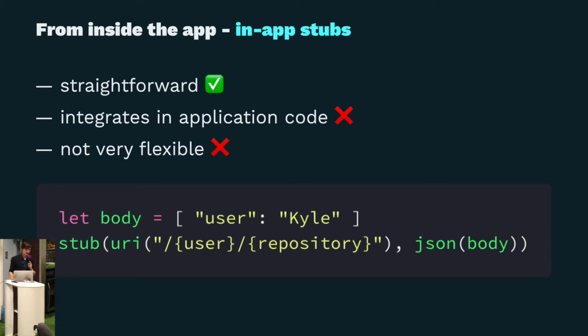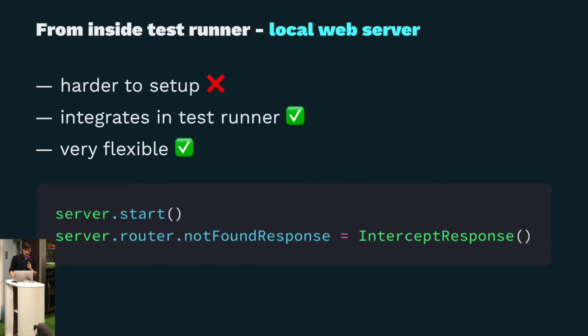To sum up, it's a straightforward way to do things, which is good. The problem is that you need to integrate it in your application code, and it's not very flexible. Though maybe the only thing you need is to just pass a test name through the launch argument, and then the application will pick up all the JSON files in the folder with the same test name, and then it works perfectly. That's actually a similar thing to what we do.